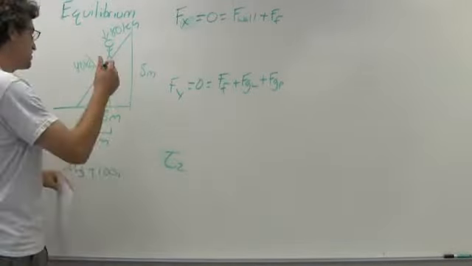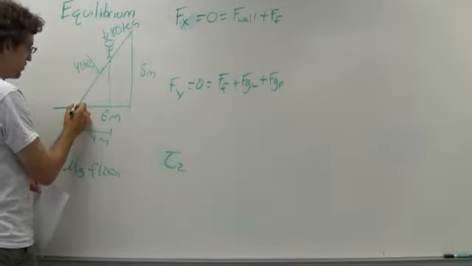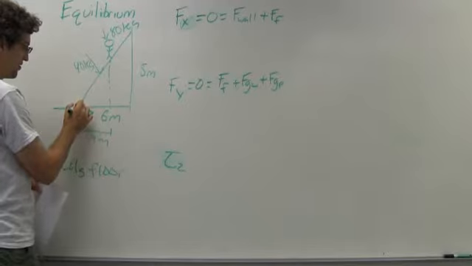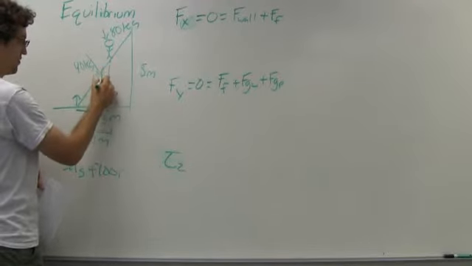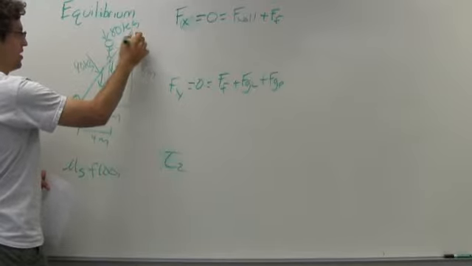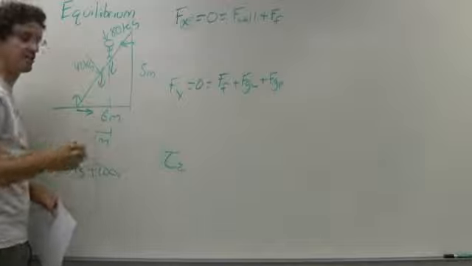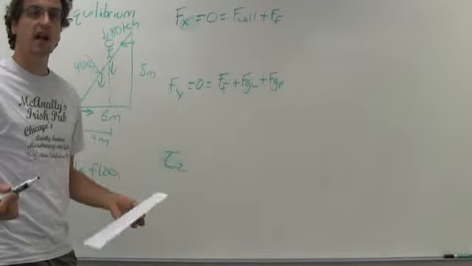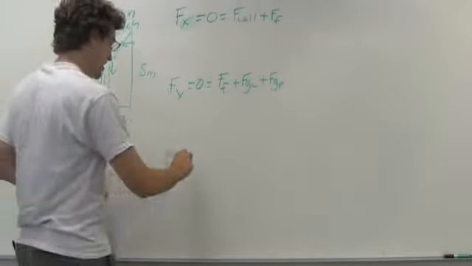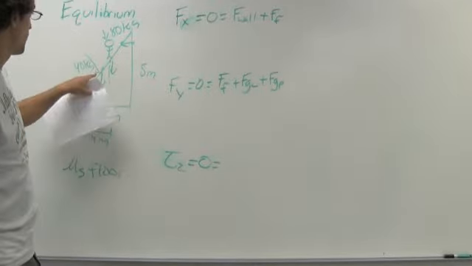Right now we've got a force here, a force here, a force here, and 2 forces here. So to eliminate 2 forces, we're going to put our origin point here. It doesn't matter where the origin point is, it's going to work out, but that way it's going to eliminate the most. So we have 0 equals the torque from the ladder.